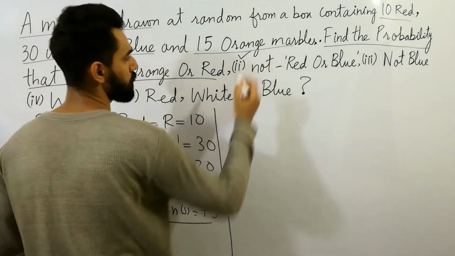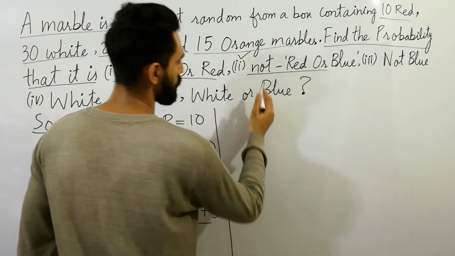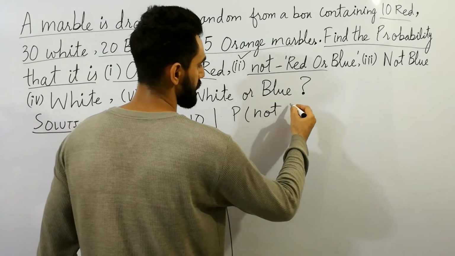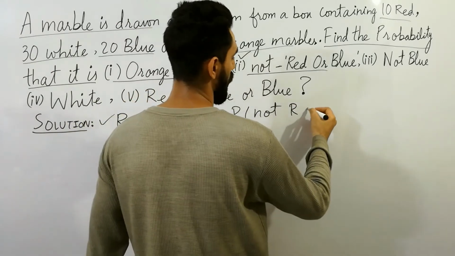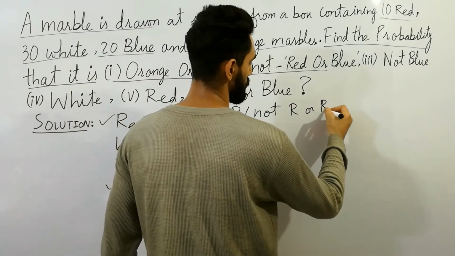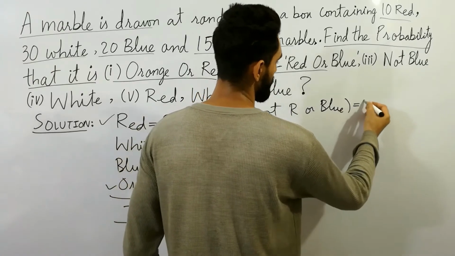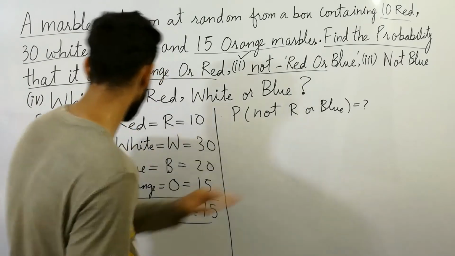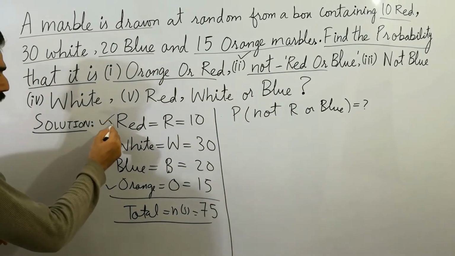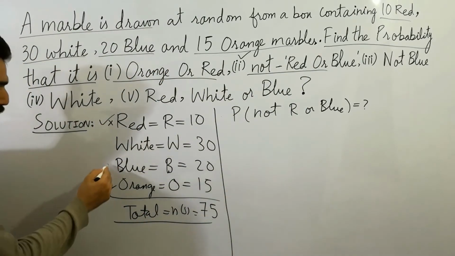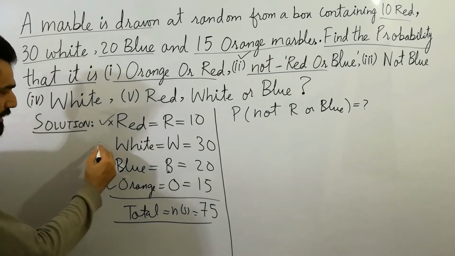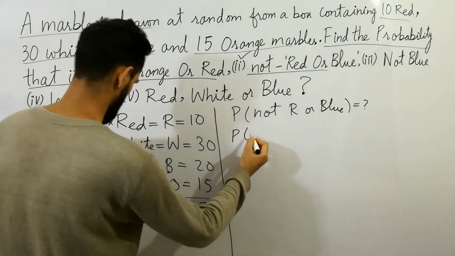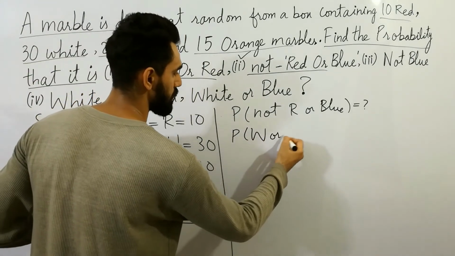Now I'm going to calculate the probability of not red or not blue. Not red and not blue means red is not involved and blue is not involved, so it must be white or orange.